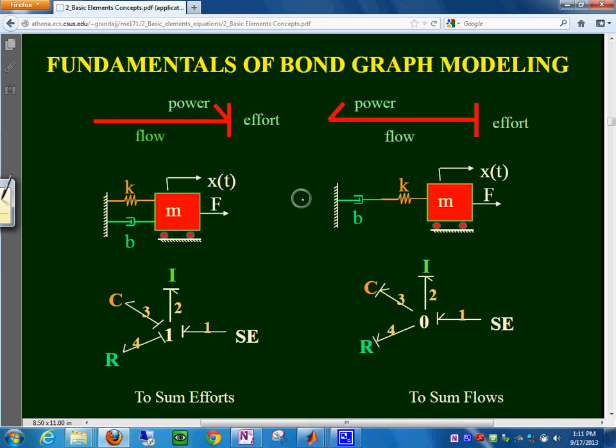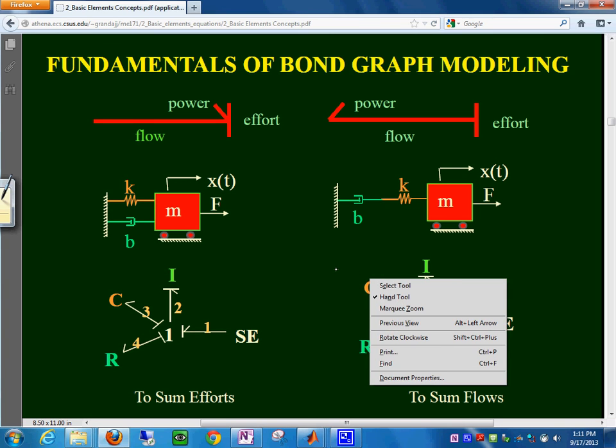But if I have it connected this way, I use it like this. It all depends on how we have the connections done. So you can have the connections like this. So this will be an I element, C, and R. Or you can have it in here.